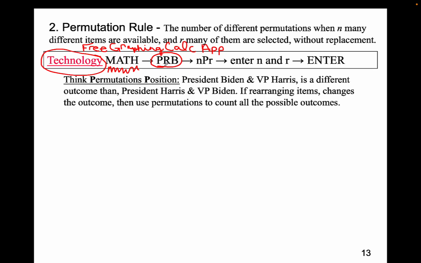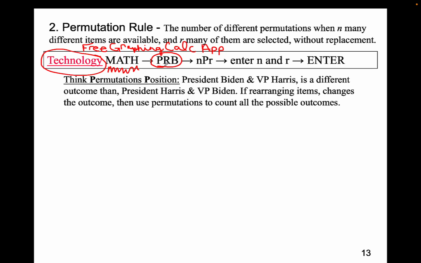When we're talking about the permutation rules, we want to think that the different positions matter. For example, President Biden versus Vice President Harris. They have those positions. That is a very different outcome than if we have President Harris and Vice President Biden. Remember, this section is about counting. So if we're talking about different permutations, those positions changed.